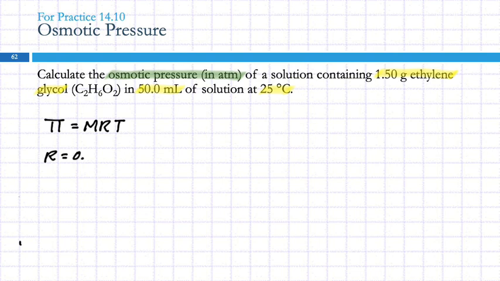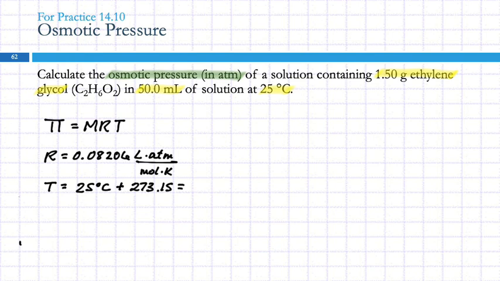R is the ideal gas constant. T is the temperature, 25 degrees Celsius. Convert that to Kelvin.